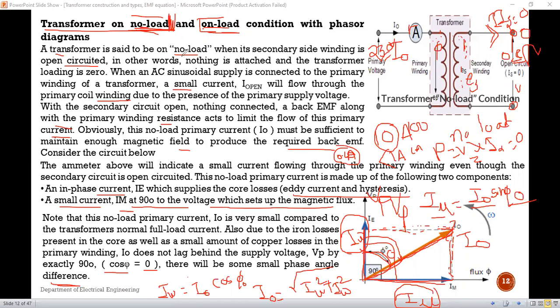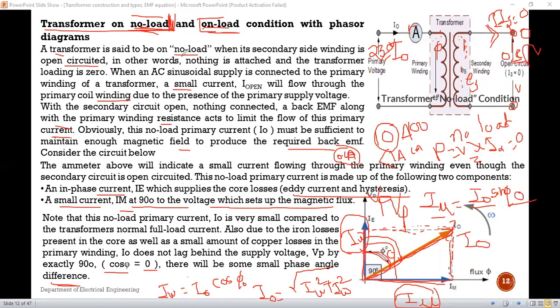So the exciting and magnetizing current, that means the working component and the magnetizing component, is not sinusoidal, it will contain other parts also. It should be represented by a vector, because only sinusoidally varying quantities are represented by a rotating vector.